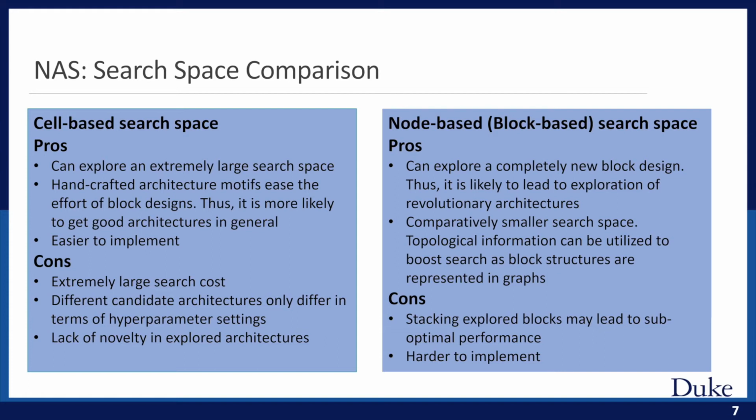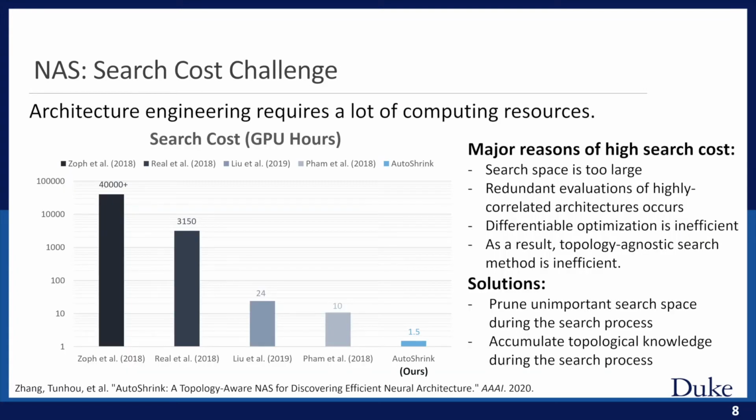So these architectures likely suffer from what we call suboptimal performance, mainly because the search space usually is not large enough, and also the encodings and implementations of node-based approaches are a lot more complicated. The architecture engineering process is very time consuming for sure.